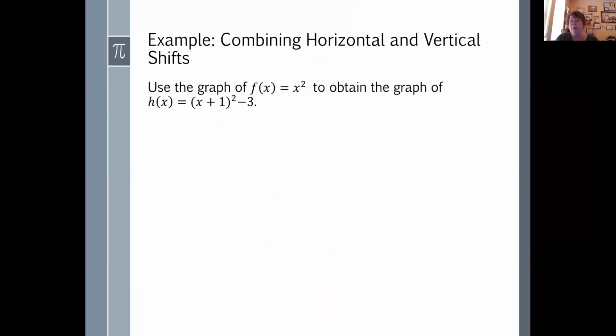All right, what if we combine our shifts? So the standard quadratic function f of x equals x squared. What do I do to get the graph of h of x equals (x + 1) squared minus 3? Okay, so we're doing 2 things here.